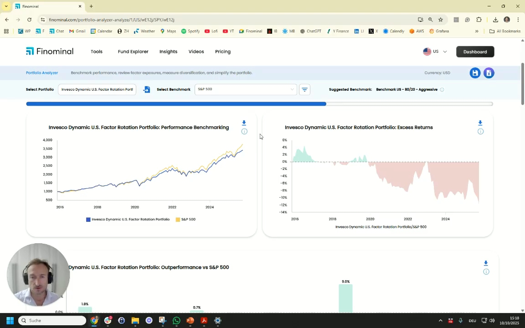Combined with the factor offsetting from combining smart beta ETFs that have opposing factor exposures, this simply leads to a product that is like the S&P 500, which you can buy at a much lower cost than 18 basis points.